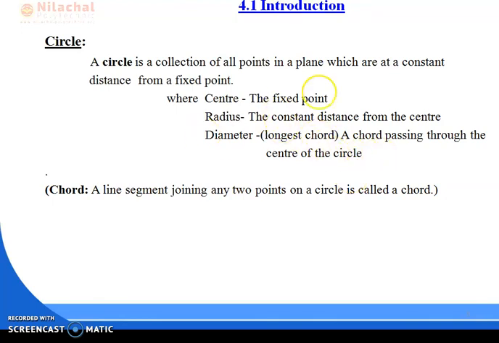So chord means what? The line segment joining any 2 points on a circle is called a chord. So diameter is the longest chord, the chord which is passing through the center of the circle.